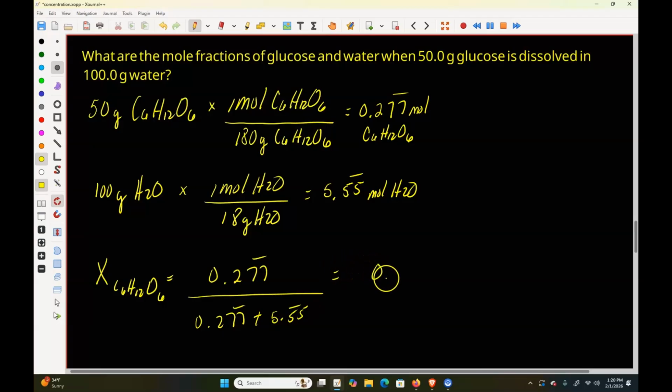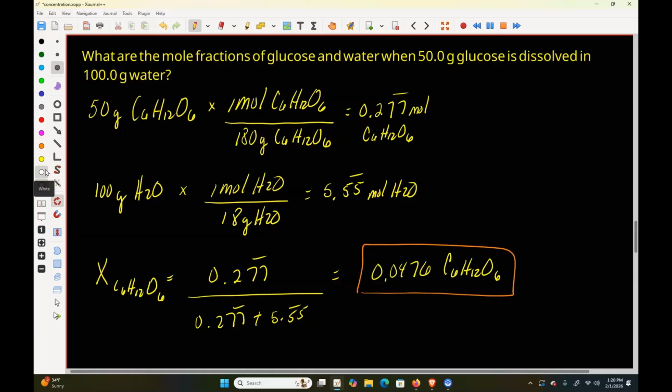So this will give us 0.0476 for the mole fraction of C6H12O6. The mole fraction of water will be 1 minus 0.0476. So X for H2O will be 0.952.